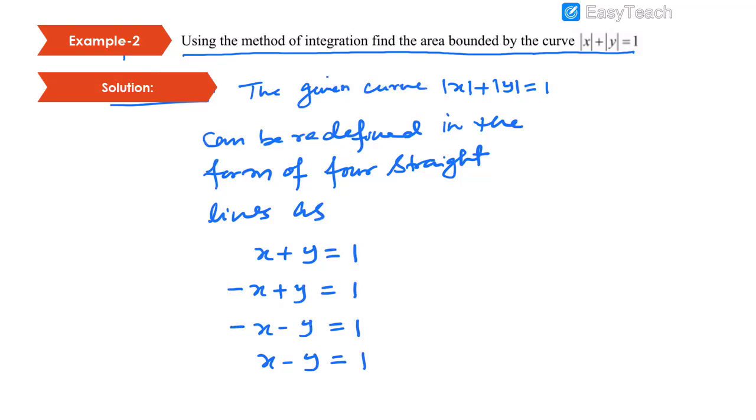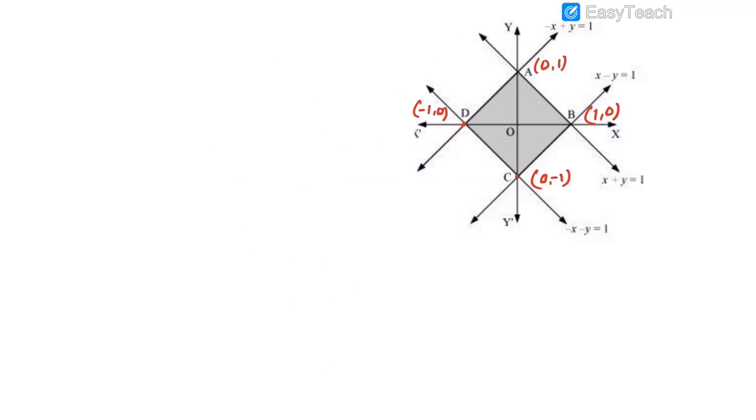So this is the actual graph of this curve, whose area is bounded by these four lines. Therefore the required area is equal to 4 times this area ABOA, because this figure is symmetrical about the x-axis as well as the y-axis.